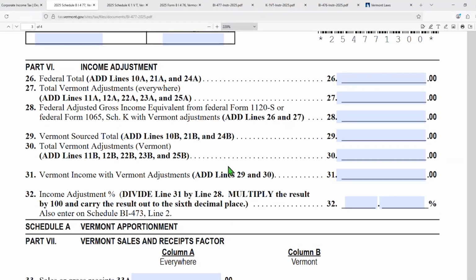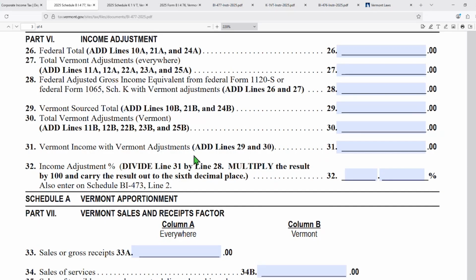Then you do the same thing with Vermont: you come up with the entire Vermont source total, apply the adjustments that apply to Vermont money, and that gives you a Vermont income with adjustments. We use that as a numerator and the federal dollars as a denominator, and that gives us an apportionment percentage that's then applied on the composite return on the 473.